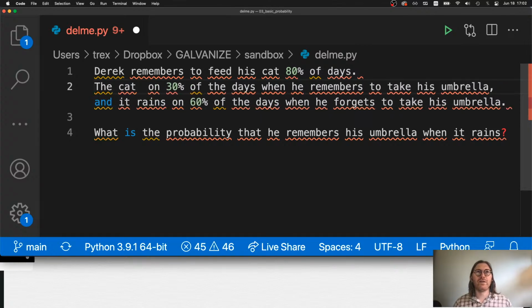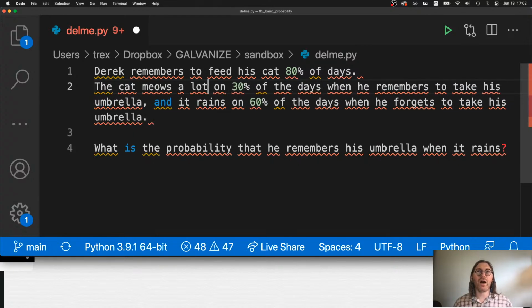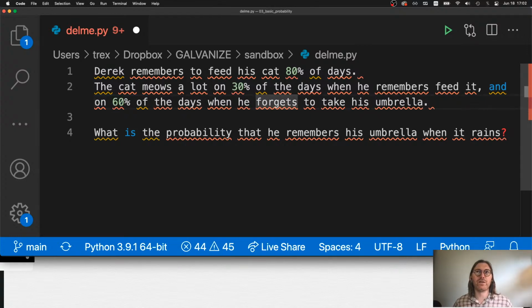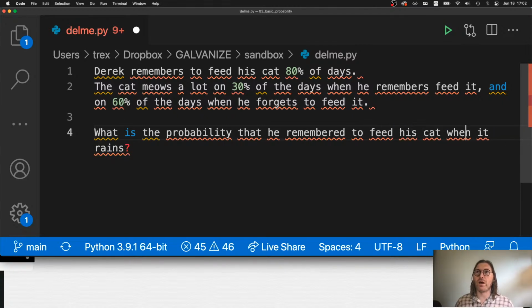The cat meows a lot on 30% of the days when he remembers to feed it, and on 60% of the days when he forgets to feed it. What is the probability that he remembered to feed his cat when the cat meows a lot?